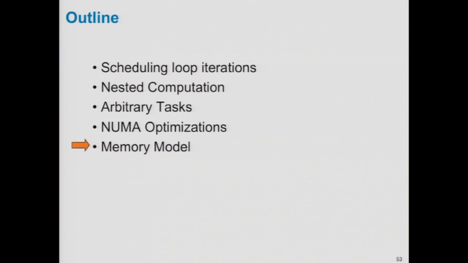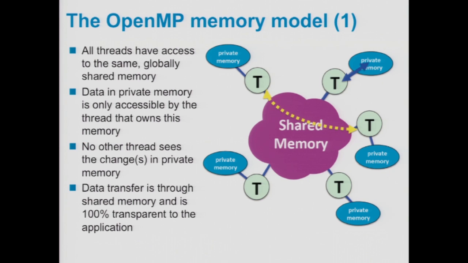This is sort of more technical parts of the OpenMP standard that, for the most part, it's nice to know that they exist, but it's the kind of thing that you only use when you're trying to do something a little bit odd. Okay, so let's talk a little bit about the memory model. We saw a machine model where we've got main memory, we've got caches, we've got cores, but OpenMP has a more abstract model that it really deals with.